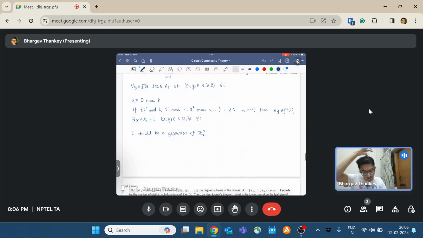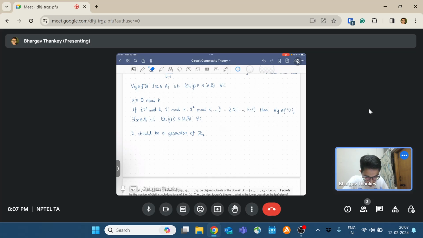Why is it Zk cross? Zero is also allowed, right? Wait, I think this should be a generator of this.